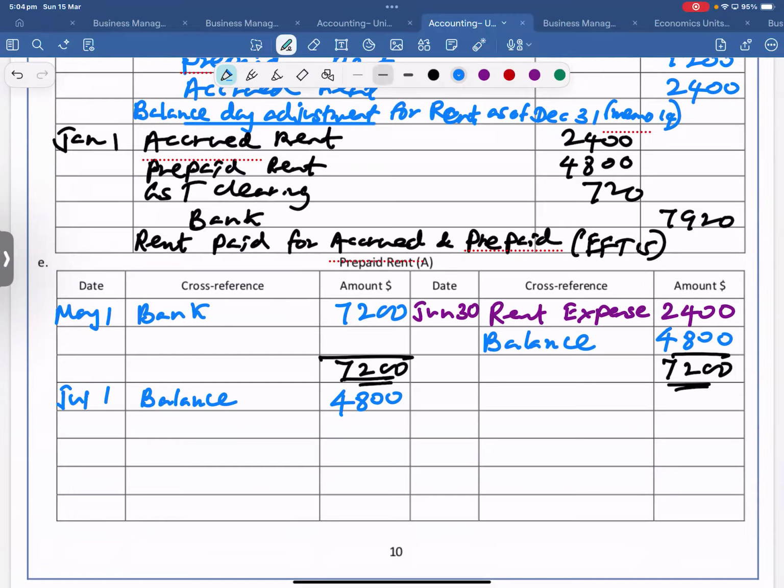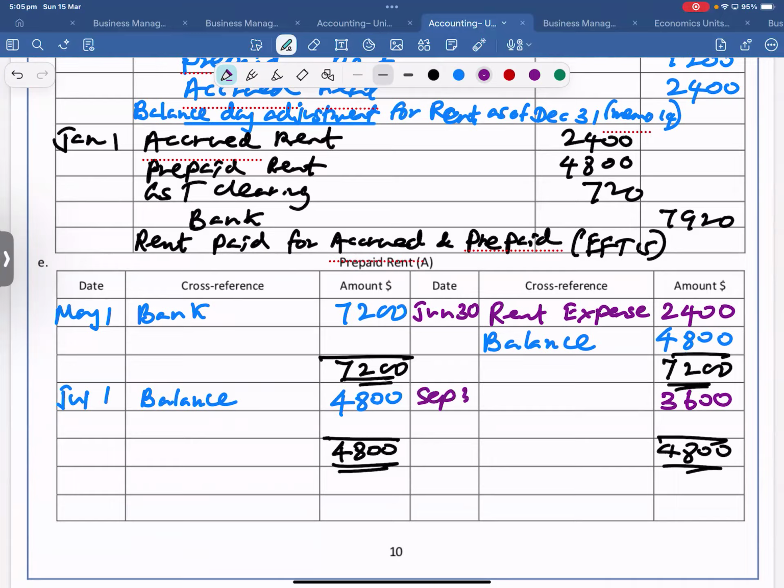Then when do we prepare the balancing entry? September 30th. Yes. 4,800. So how many months would be there? Three months, 3,600. What are the months? July, August, and September.